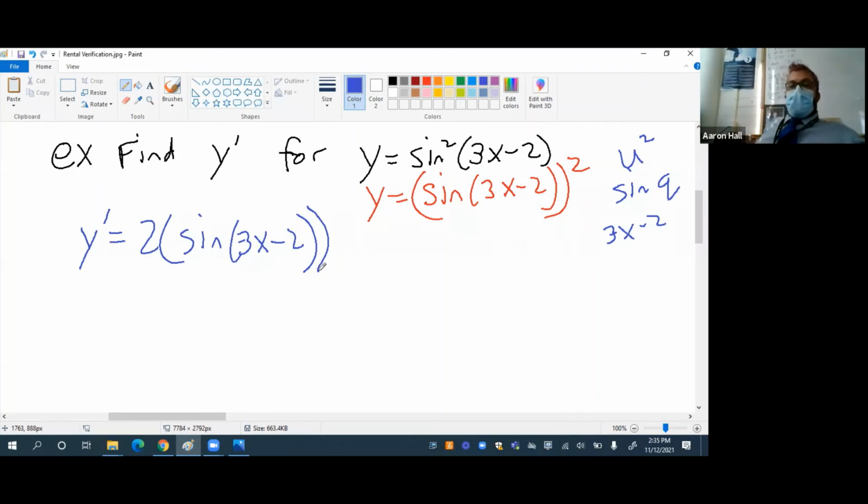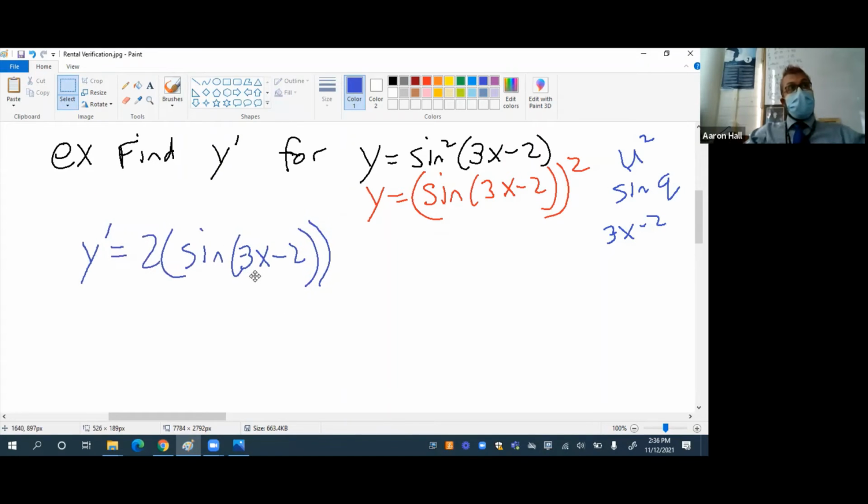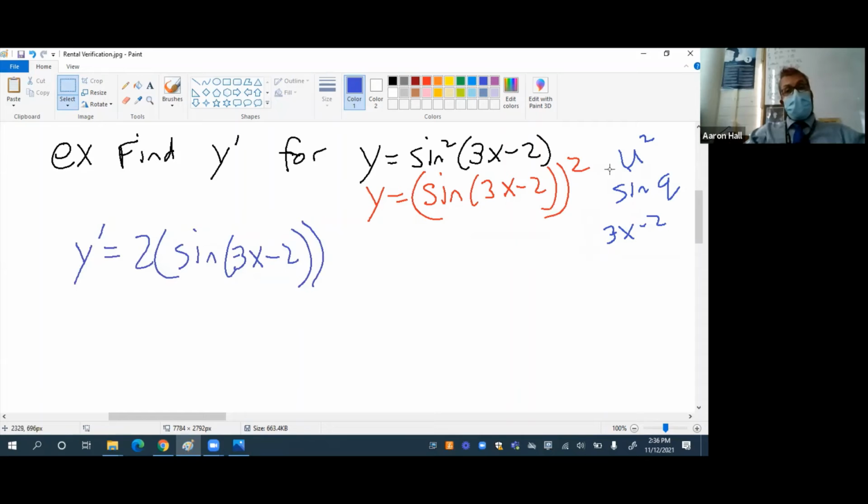Now we need to take the derivative of the inside function. What's the derivative of the inside function right here? Yeah, it's cosine of q.